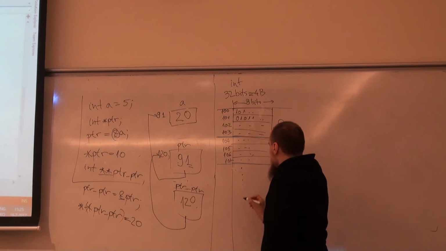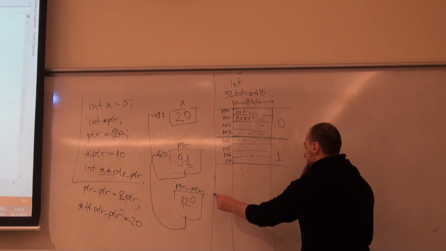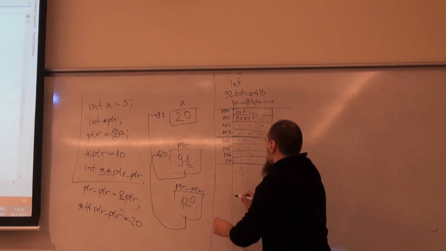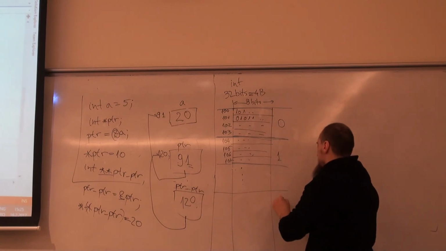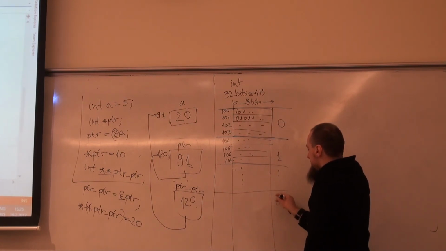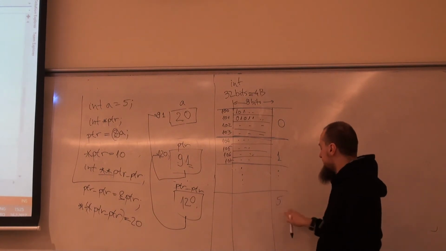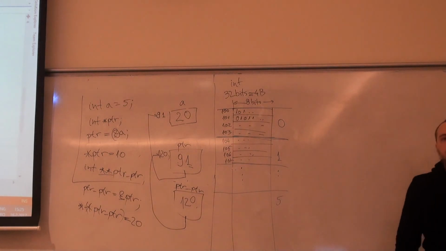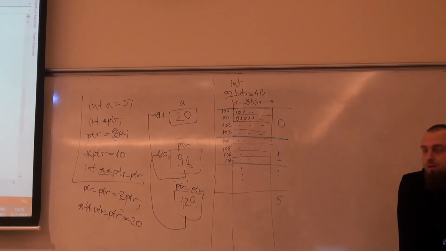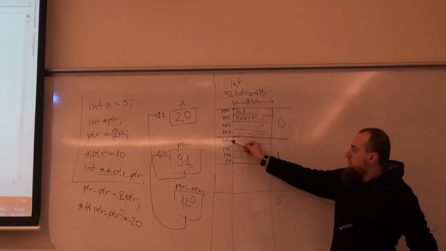If I go to index number, let's say 5. So this is index number 5. What's the address here? What do you think? What should it be? So, 104.